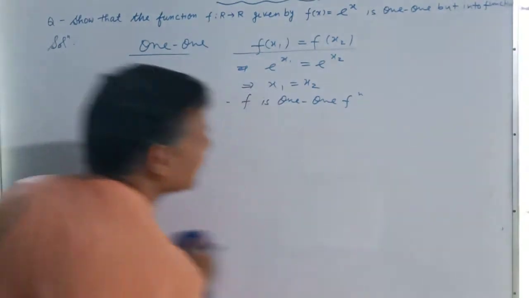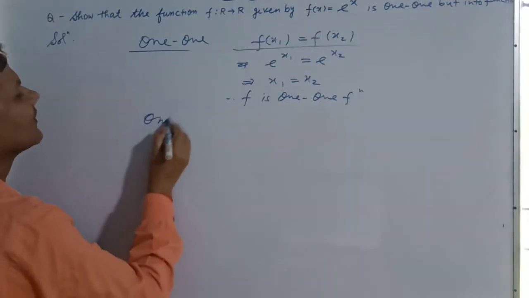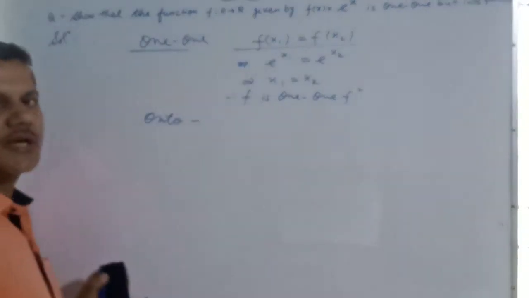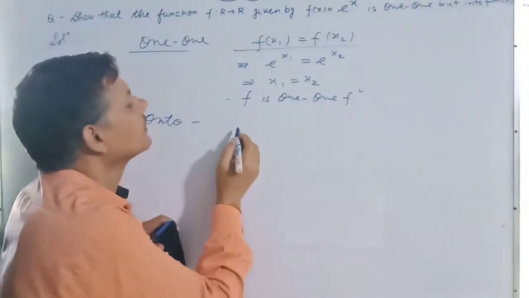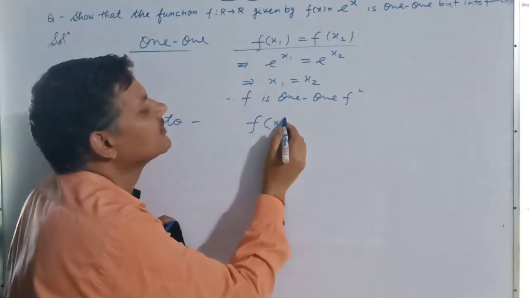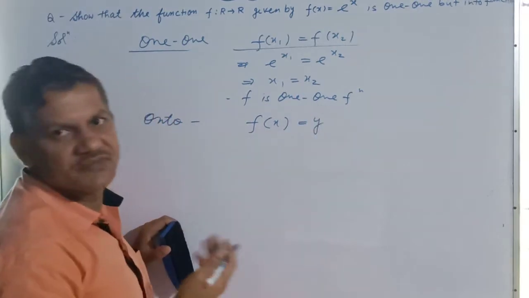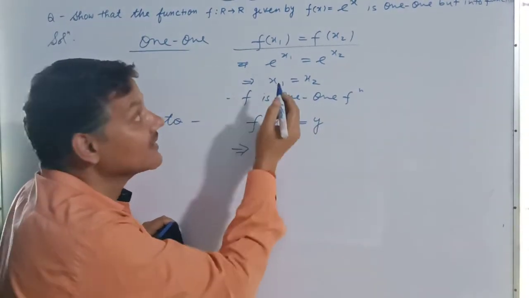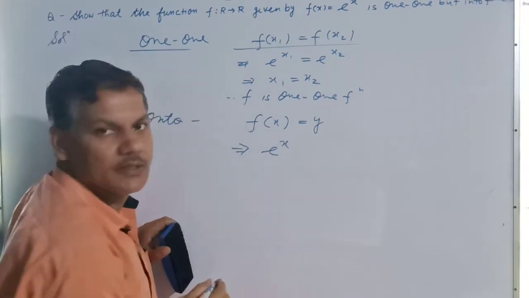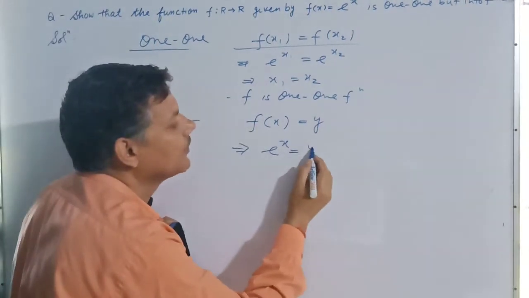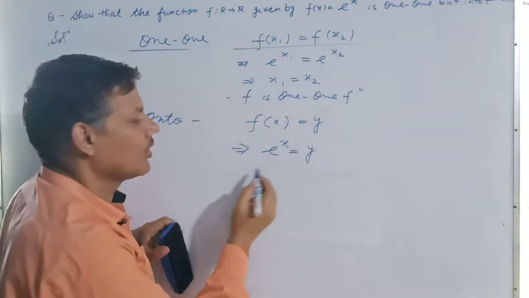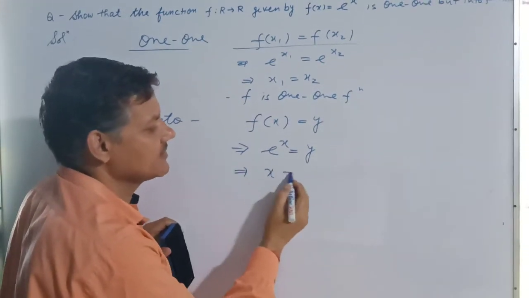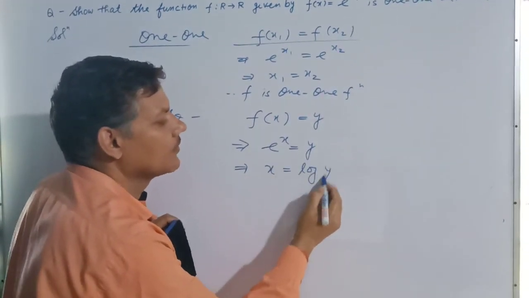Now for onto, just use the algorithm. Directly we start with f(x) equal to y. This is defined for functions. Now put the value of f(x). In this case it is e power x and it is equal to y. Taking log of both the sides, we get x is equal to log of y.